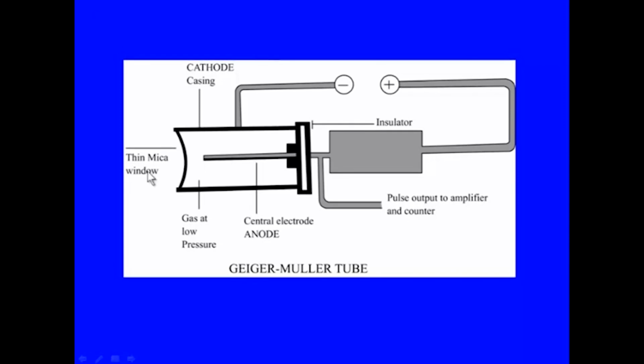Now, as radiation comes in, it ionizes the gas, and the positively charged atom and negatively charged electron will move towards the respective electrode. This is how the radioactivity will be measured or recorded.